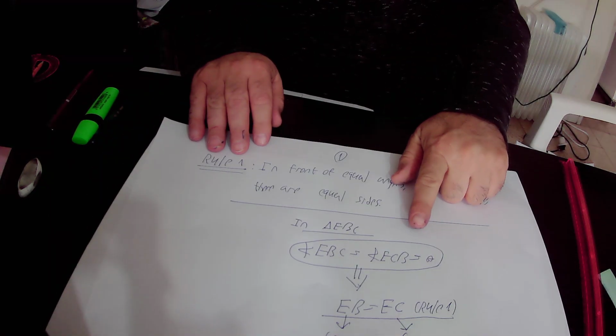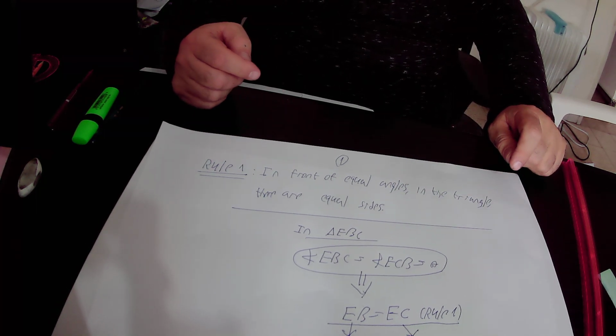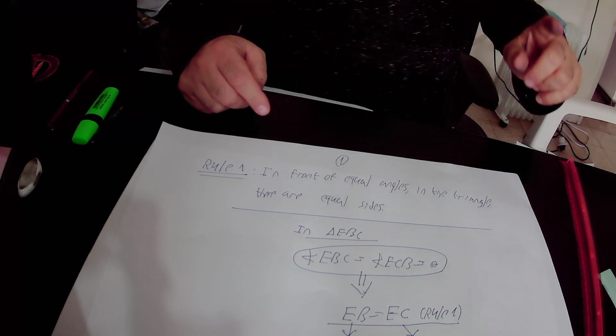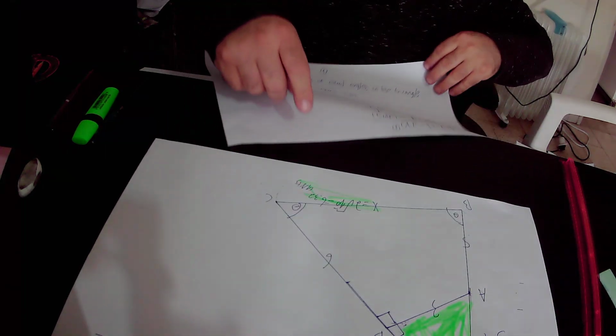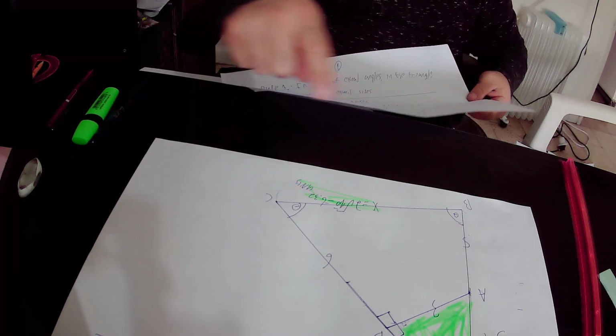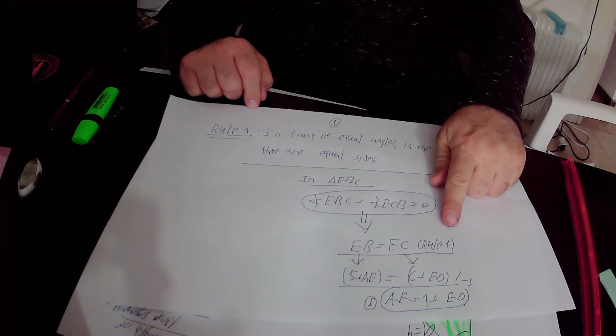Therefore, according to rule number 1, EB equals EC. Why? Because in front of those two equal angles there are two equal sides.